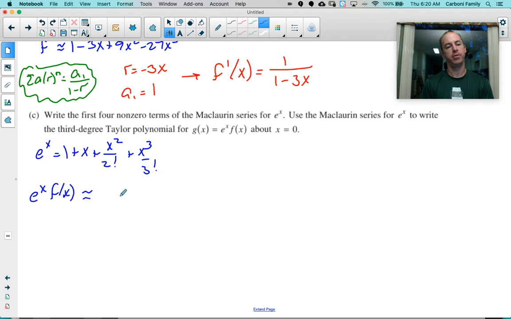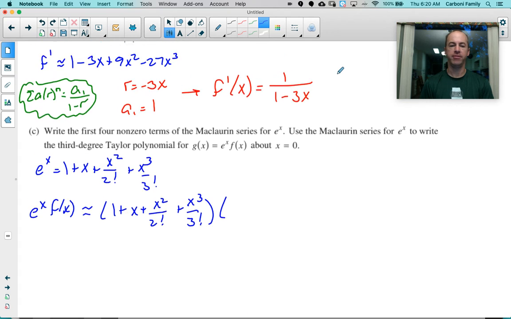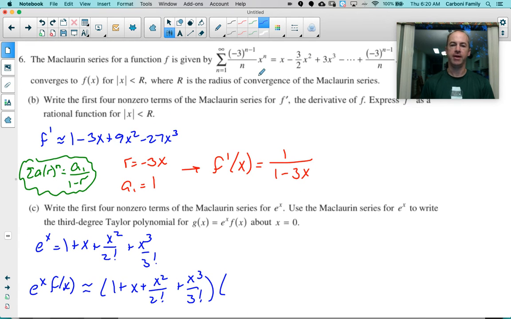that would be approximately e to the x, which is 1 plus x squared over 2 factorial plus x cubed over 3 factorial, times my function for f, which now I've got to scroll up. F is x minus 3 halves x squared plus 3x cubed.